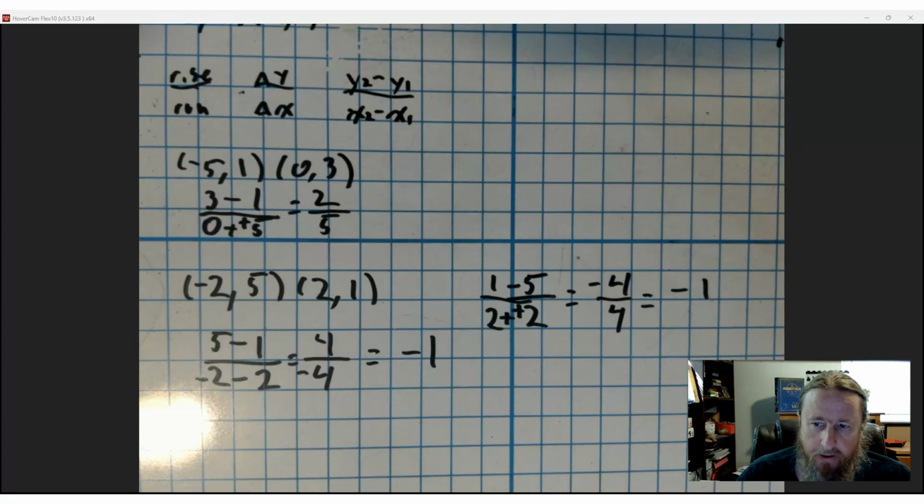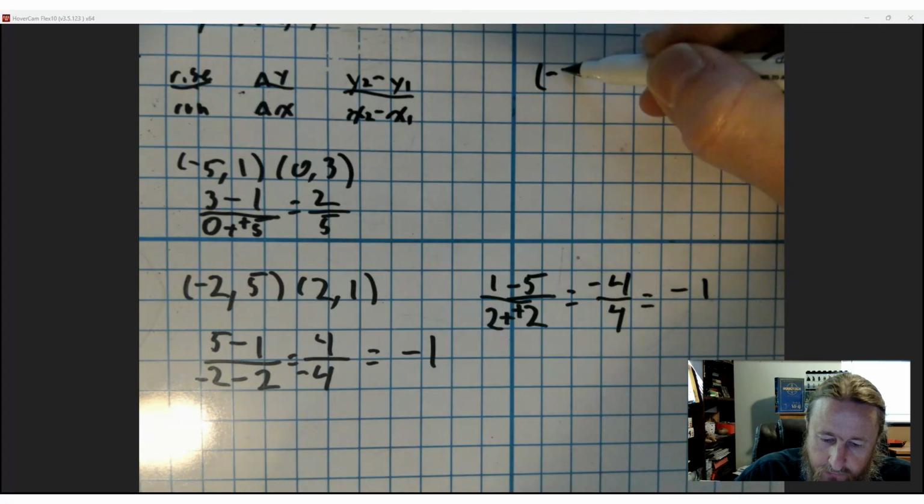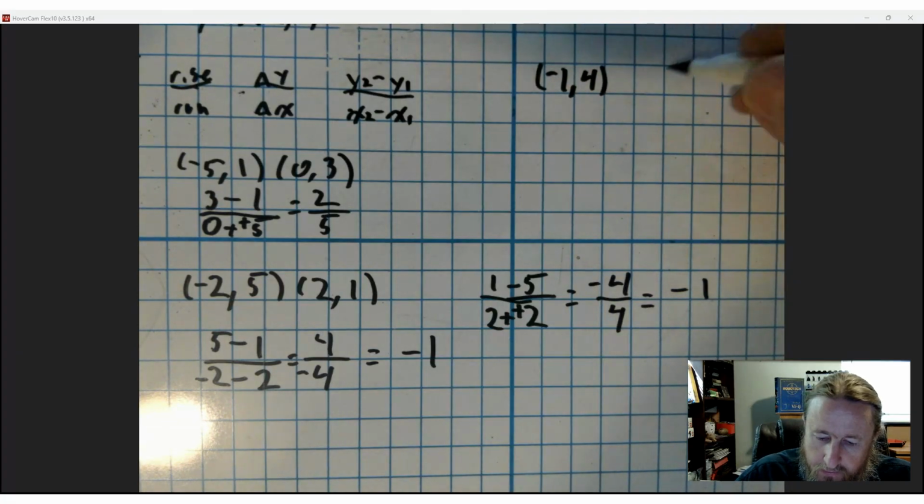Order does not matter. What matters is we keep everybody with the respective points, with the respective coordinates from the ordered pair. So as long as we keep the same point as point 1 and the same point as point 2, the math will shake out.